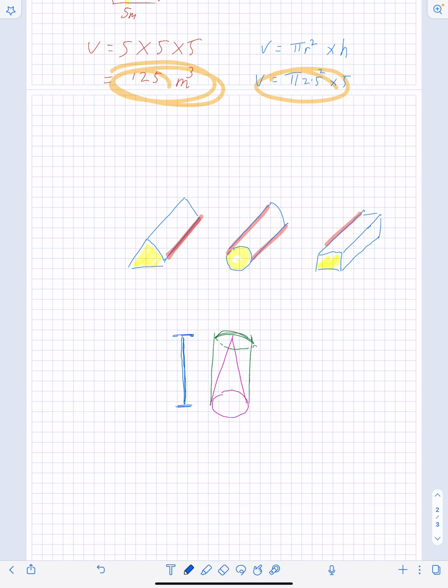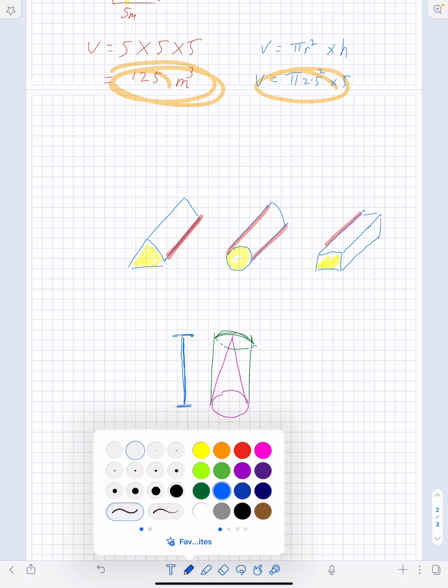So basically when you go from a cylinder to a cone, the volume of the cone is just 1/3 of the cylinder. All right.